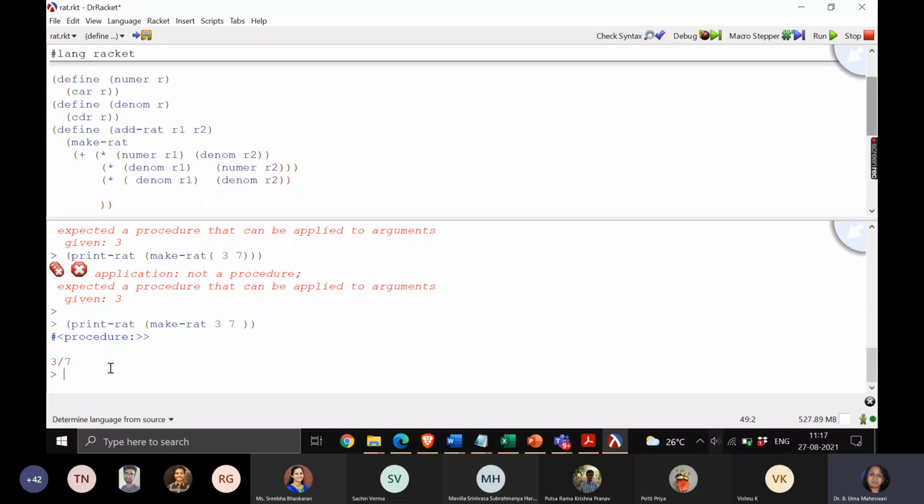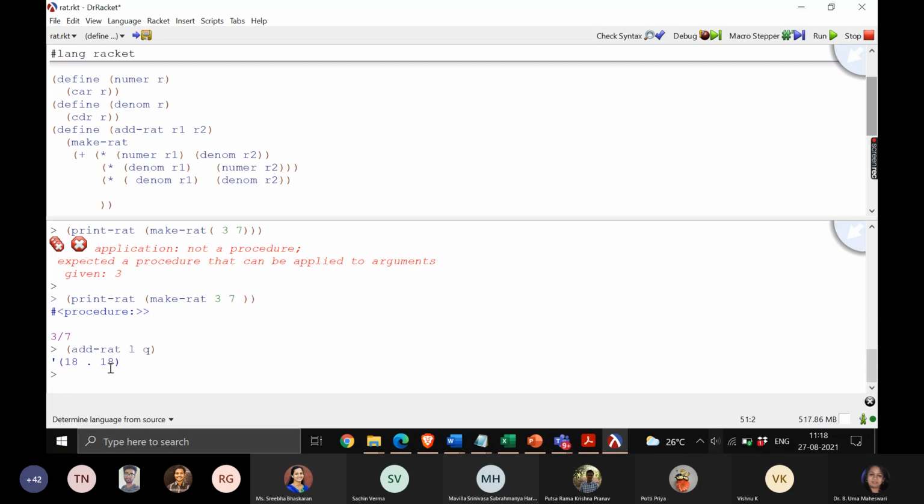So let me add rat and the arguments I just say L, Q. You can verify as well. So given these data, it will be adding. If you want to print in a rational format, then you can just call the print rat. So now this is the way.